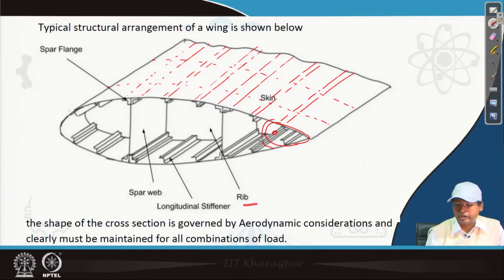There are hinges which attach to it. The shape of the cross section is governed by the aerodynamic considerations, and clearly must be maintained for all combinations of loads. So, this shape governs the shape of the rib. This is the rib shape, that is the airfoil section shape, and that produces the lift. We need to maintain that for every situation.